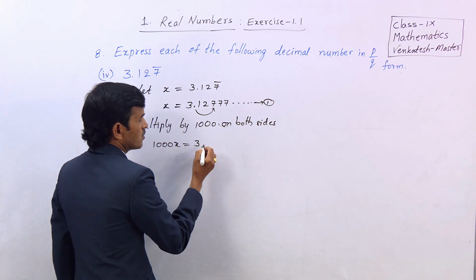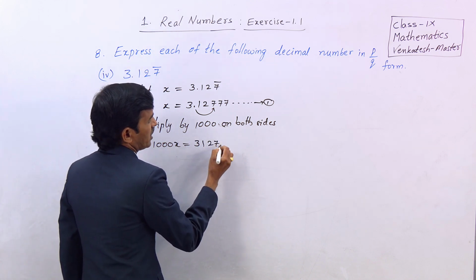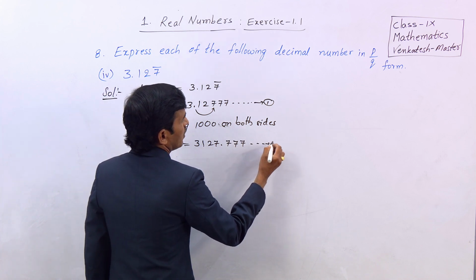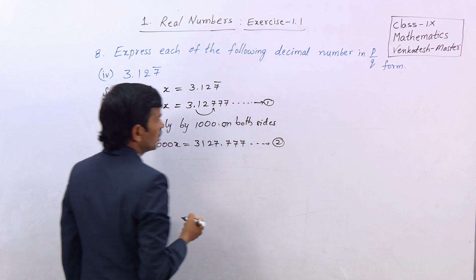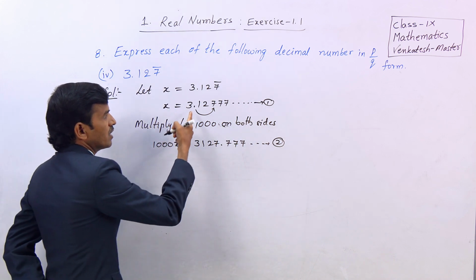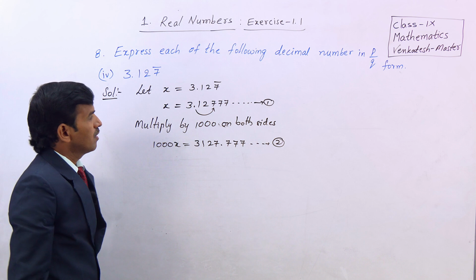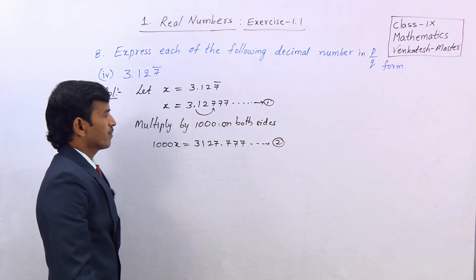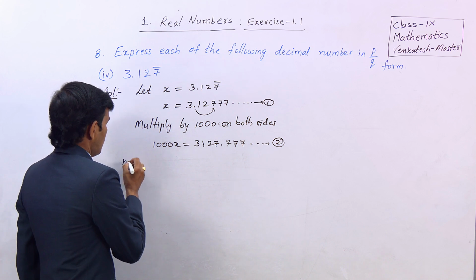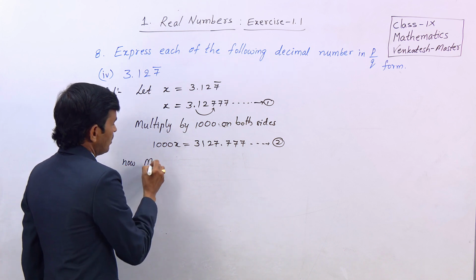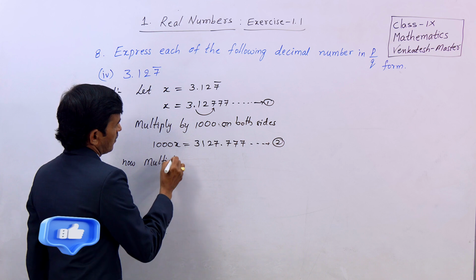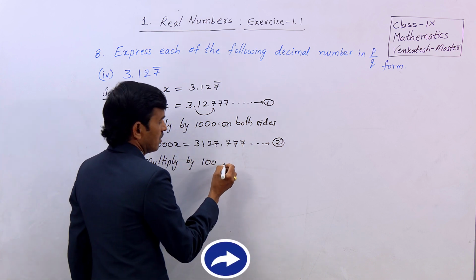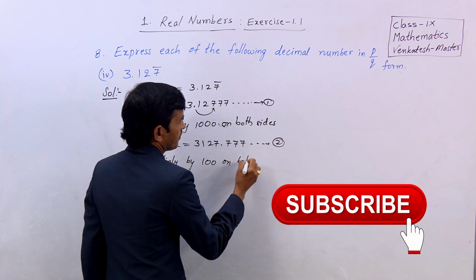So therefore it becomes what? 3127.777 and so on. Let it be equation number 2. Now what are the non-recurring, not repeating digits? How many are there? 2 digits. Then now multiply by 100 on both sides.